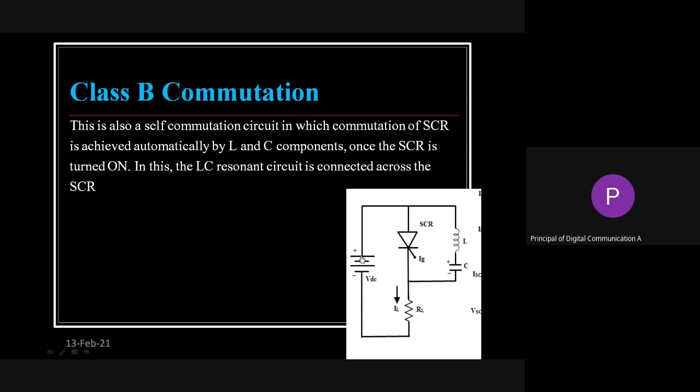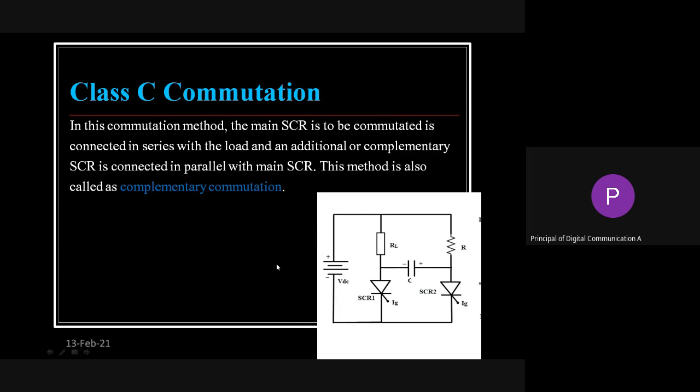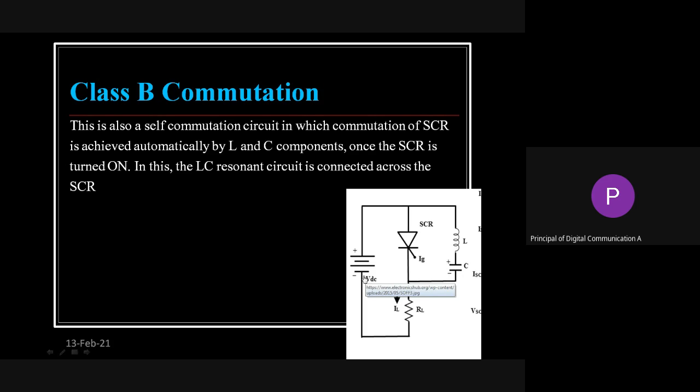E plus, that means the battery positive, to the L, to the C plus, then C minus, and then RL, and then to the minus E, the minus terminal of this VDC. This is one loop through which the current is going to flow.